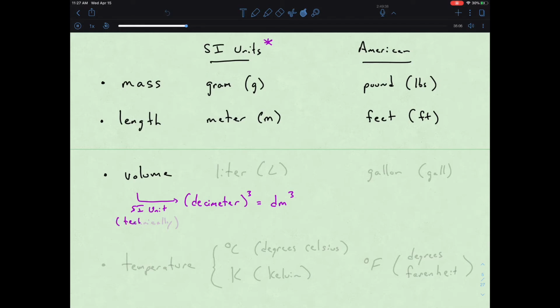But we don't tend to use the decimeter cubed idea with a lot of the chemistry that we look at. We tend to look at the liter, or capital L, and you can compare that maybe to the gallon in terms of the American version.